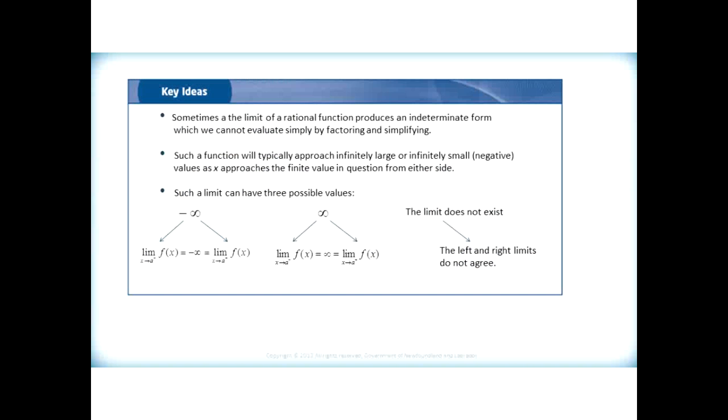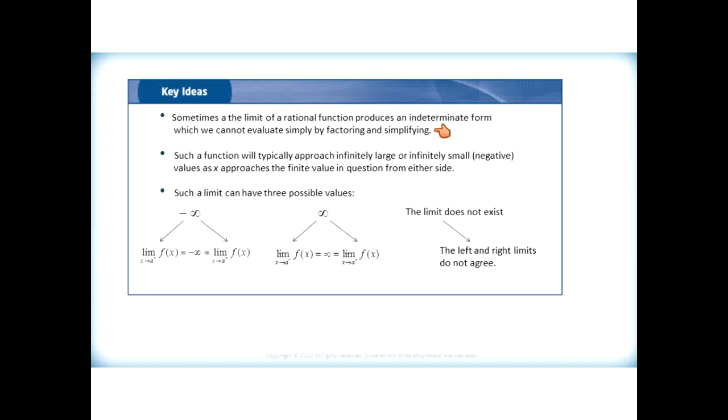And we'll have a quick peek at the summary of things here. So it says sometimes we can evaluate the limit of a rational function that produces an indeterminate form, which we cannot evaluate by simply factoring and simplifying. So we had nothing to cancel there, so we couldn't simplify. We were still getting indeterminate numbers.